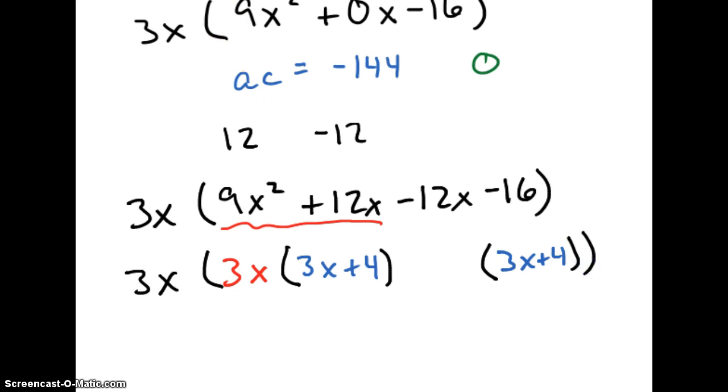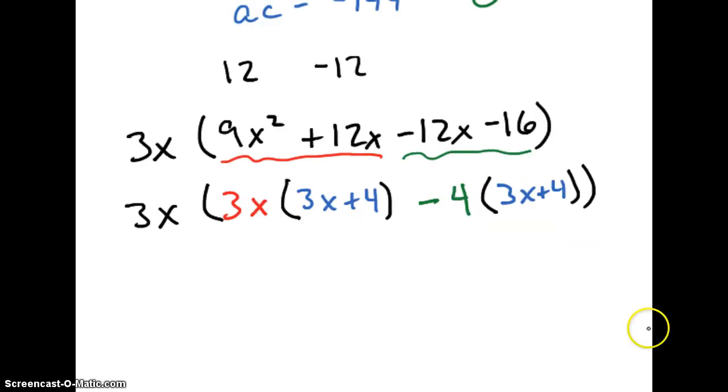And I have to figure out what goes in this area right here. So I'm supposed to have something that when I multiply it by 3x, I get a negative 12x. Well, 3 times 4 is 12, and this is supposed to be a negative number. And if I check it, negative 4 times positive 4 will give me a negative 16. It works out exactly the way it's supposed to.